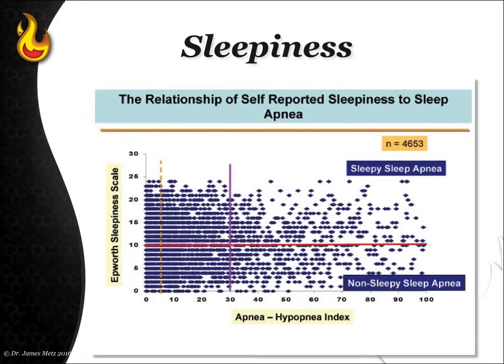This is the Epworth Sleepiness Scale. And you'll notice that the AHI, or apnea-hypopnea index, can be extreme, clear out in the hundreds, and they will not have any daytime sleepiness. On the contrary, you can have somebody with literally an AHI of 0 and have extreme sleepiness.